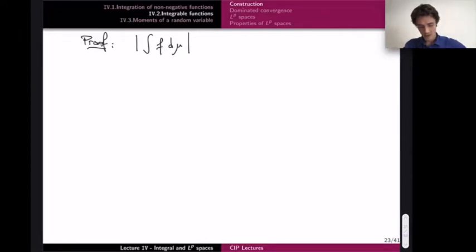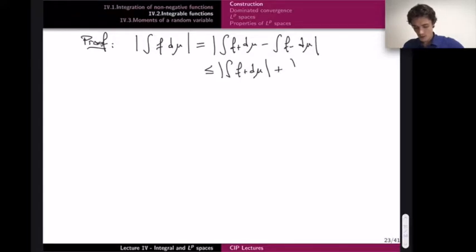So this is by definition equal to the integral of f⁺ dμ minus the integral of f⁻ dμ. And by the usual triangle inequality, this is less than or equal to the integral of f⁺ dμ plus the absolute value of the integral of f⁻ dμ. But, like I said, this is a non-negative function, and this is also a non-negative function.